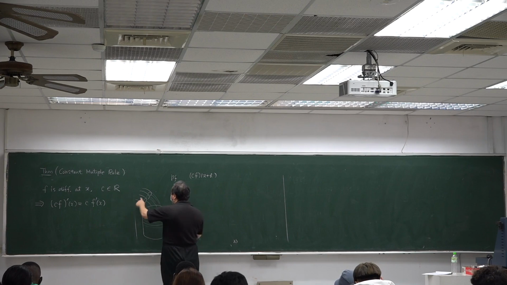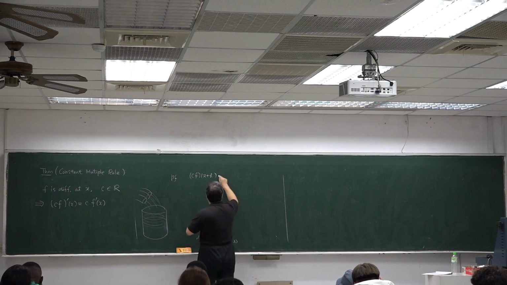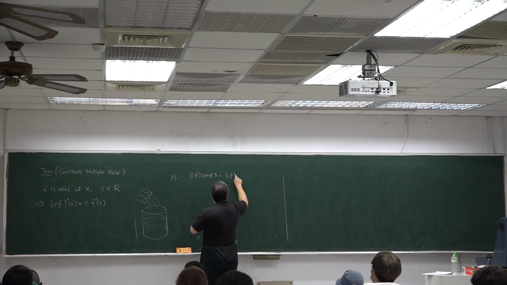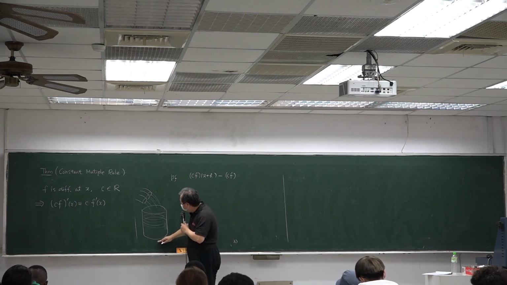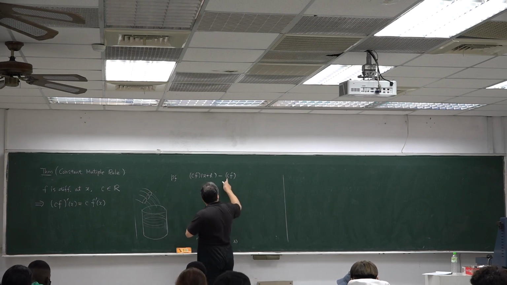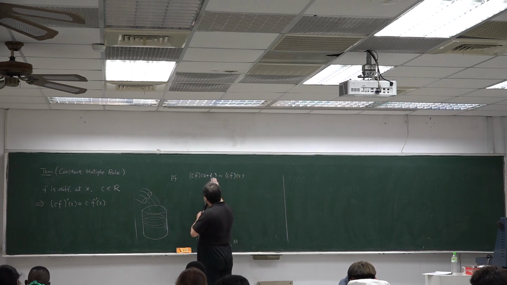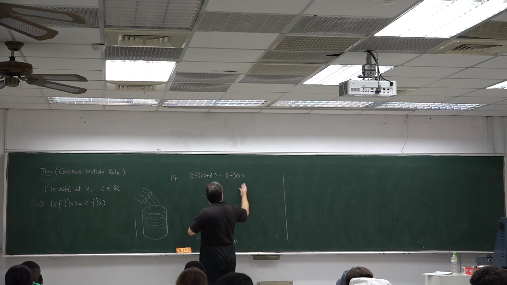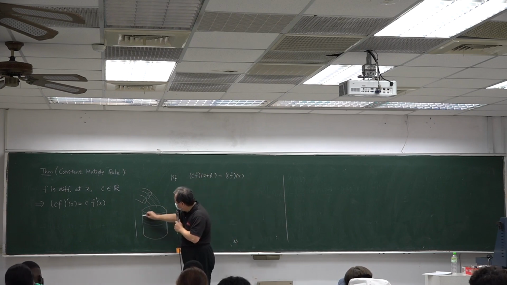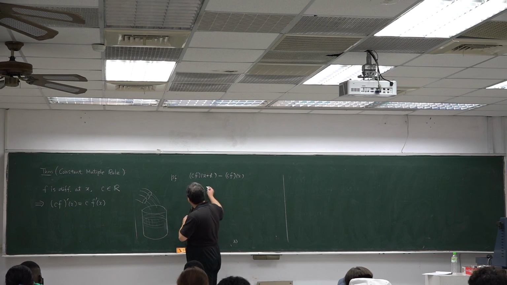Now we have c equals 3. At the time x, the total amount of water is c f of x. Then when time changes from x to x plus h, the change in water will be this one.